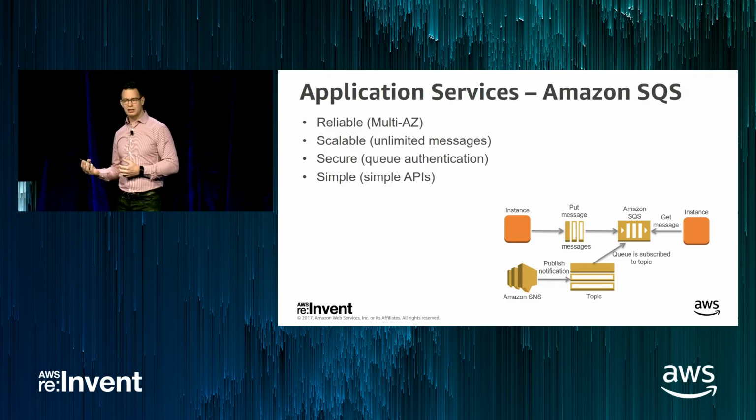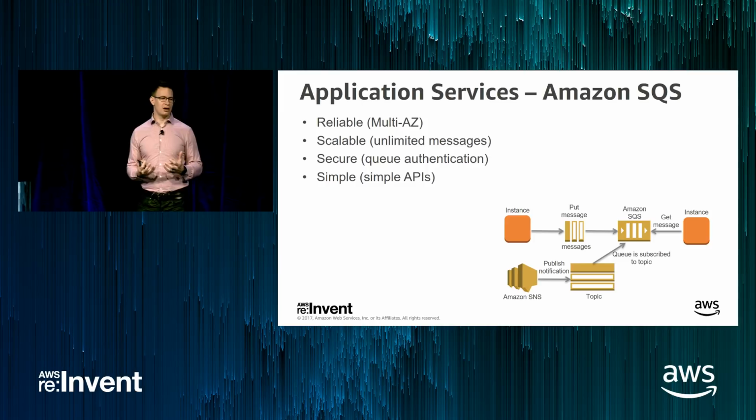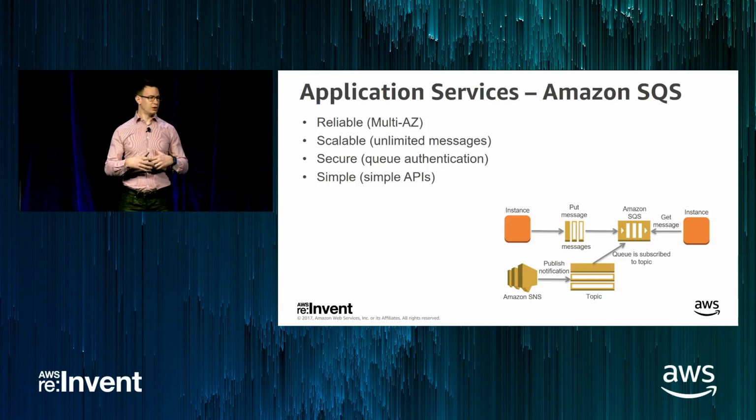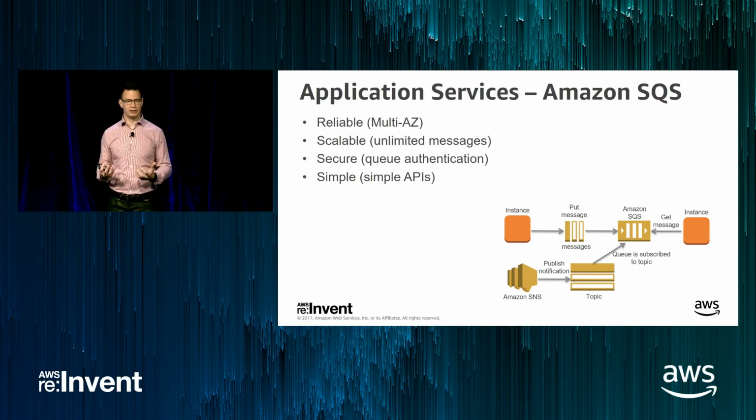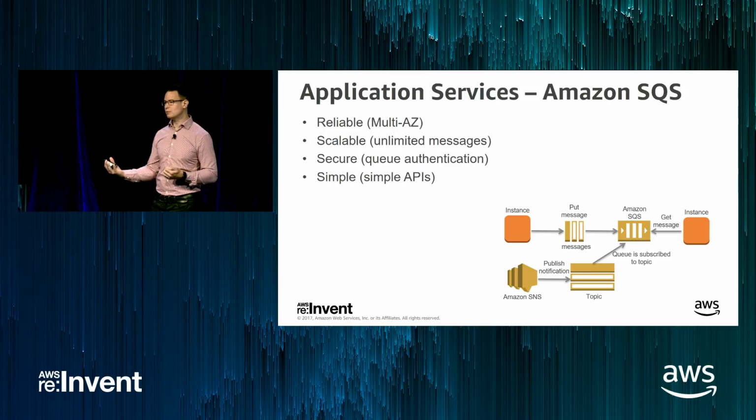One of those is the Simple Queue Service, and that can enable another really important paradigm, which is to loosely couple the different components. As you're breaking down the components of your application, if you loosely couple them, they can operate independently of one another and don't necessarily need to be scaled in lockstep. One can be sending messages to a queue, and the other one can be dealing with that as and when it can.